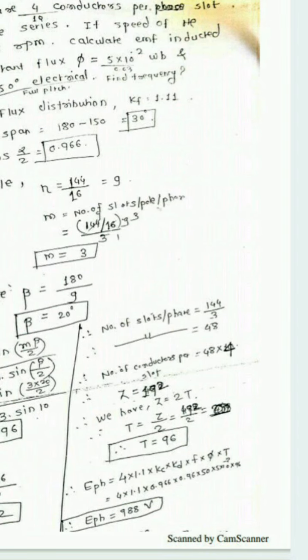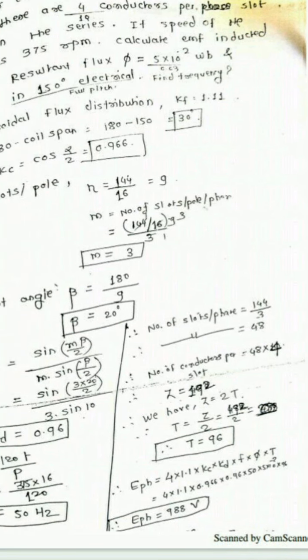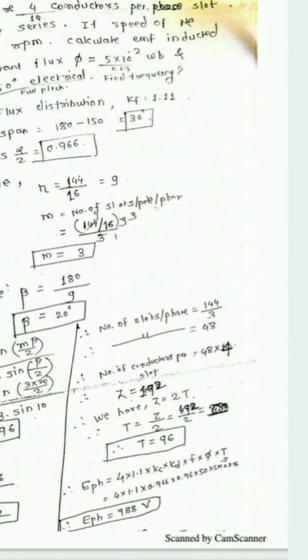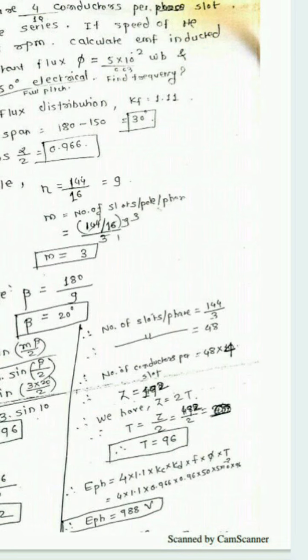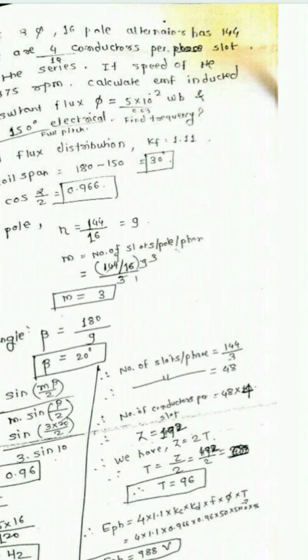Now substitute all these values into the equation for the EMF generated per phase. That is 4.44, or 4 into Kf where Kf is 1.1, into Kp into Kd into f into phi into T. We know the value of Kp or Kc, that is 0.966. We know the value of Kd and the frequency that we already calculated. The flux is 5 into 10 raised to minus 2.